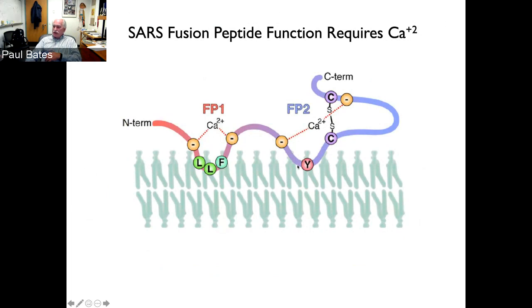If you chelate away calcium, they don't insert into the membrane properly to start the whole gymnastics that the virus does, where it inserts its fusion peptide and then starts undergoing conformational changes, dragging the host membrane closer to the viral membrane.